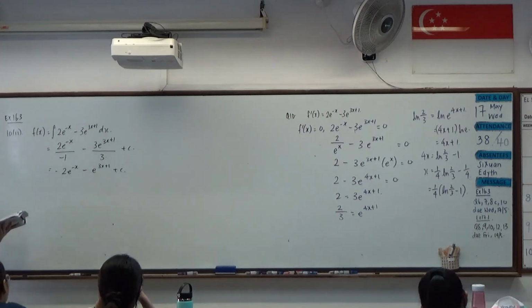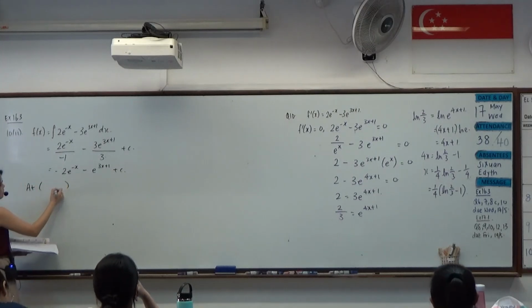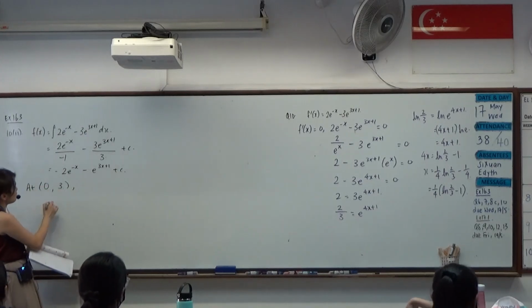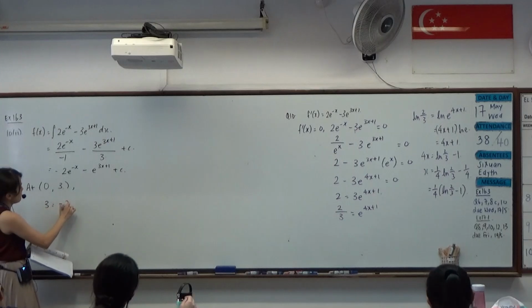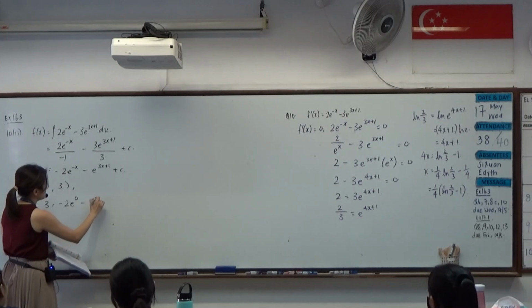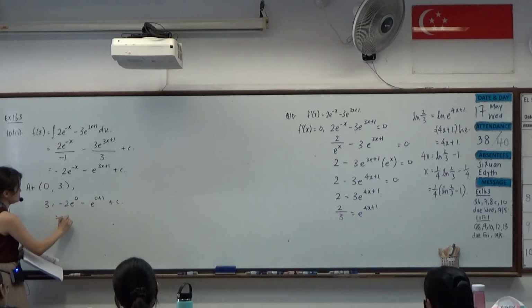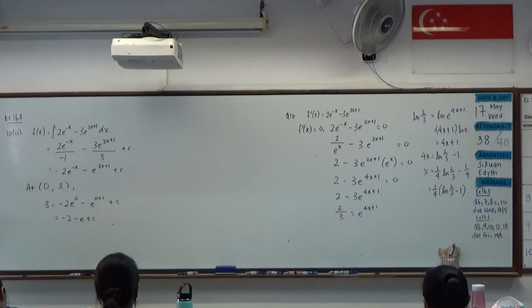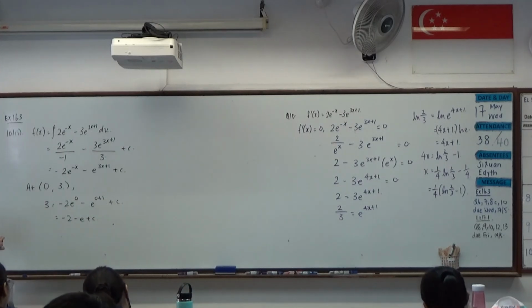And then the question provided information that the curve intersects the y-axis at y equals 3. So that means that at the coordinates where y equals 3, since it cuts through the y-axis, your x is equal to 0. So therefore, when f x equals 3, we solve and we get 3 equals minus 2 minus e plus c.